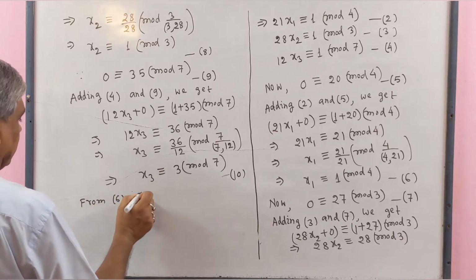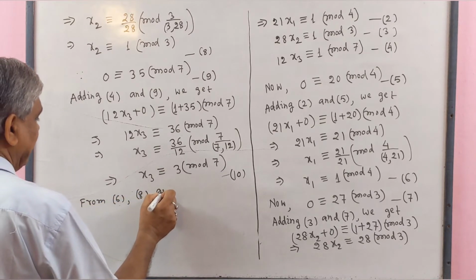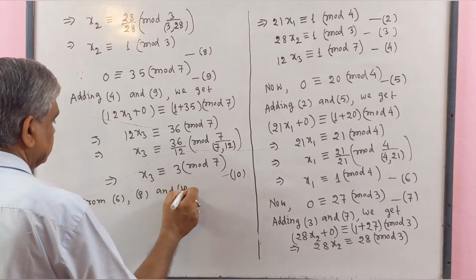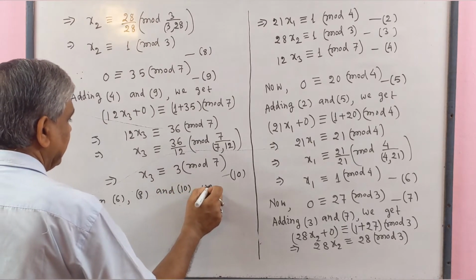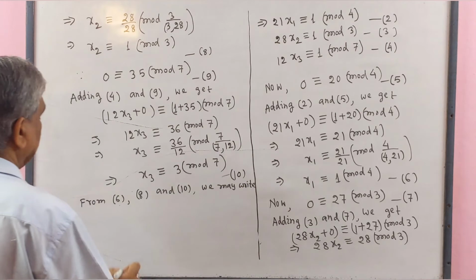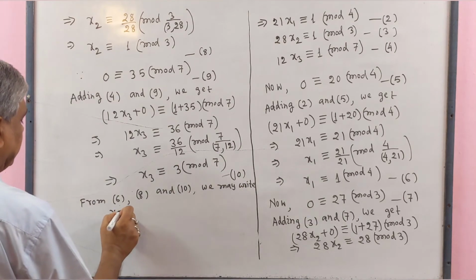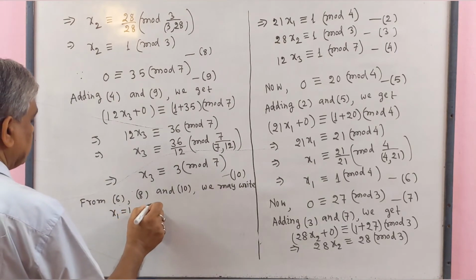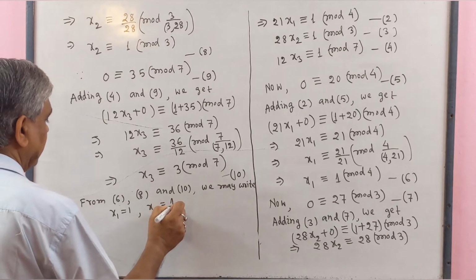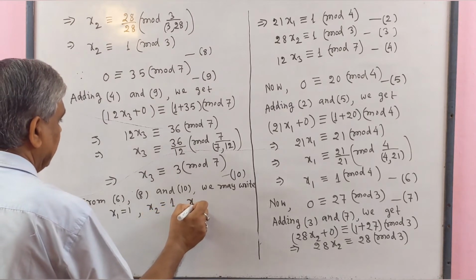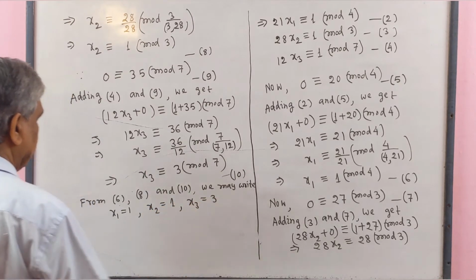From 6, 8 and 10, we may write x1 equal to 1, x2 equal to 1, x3 equal to 3.